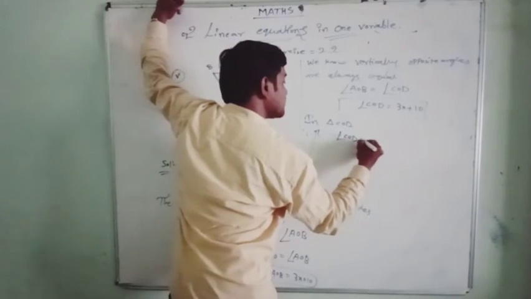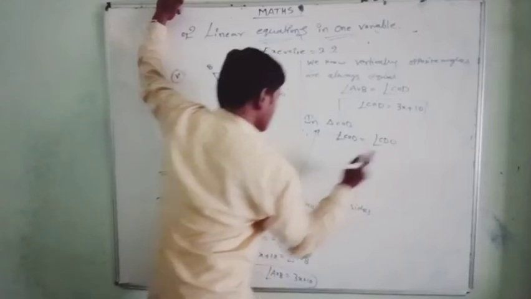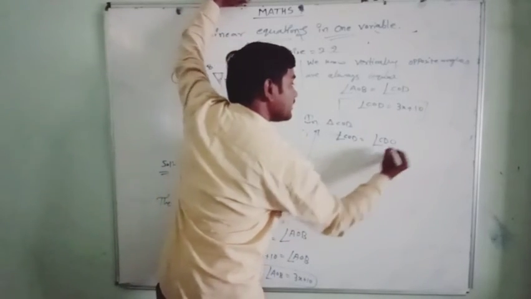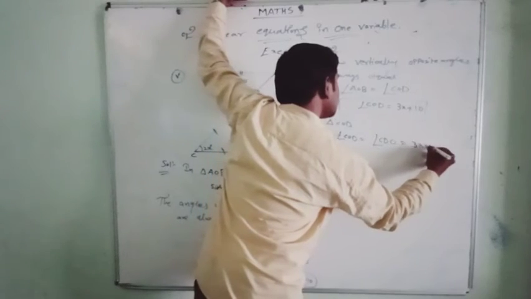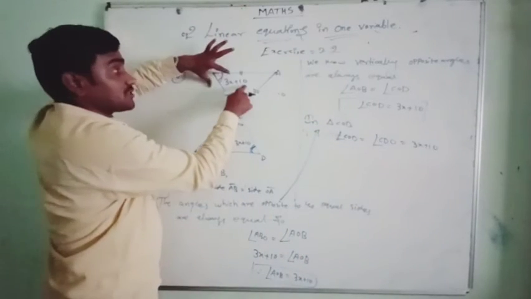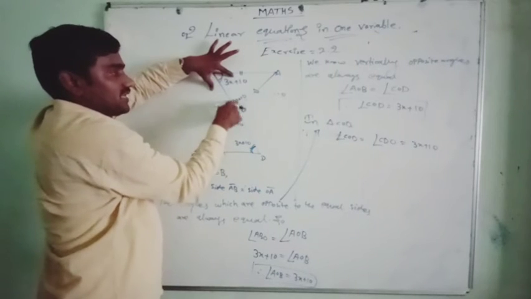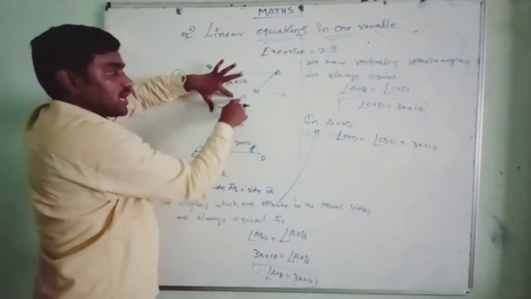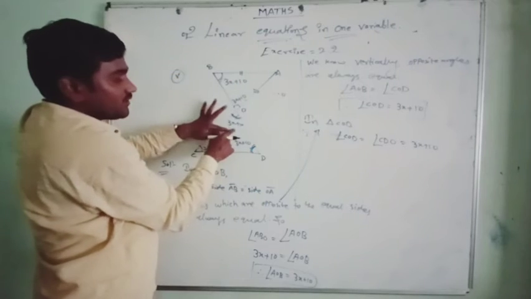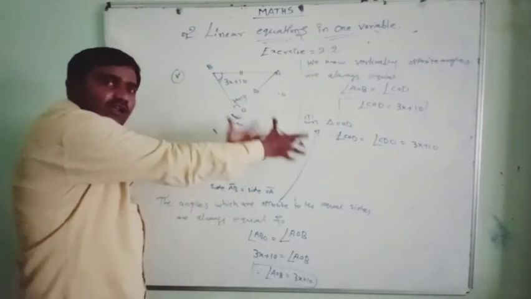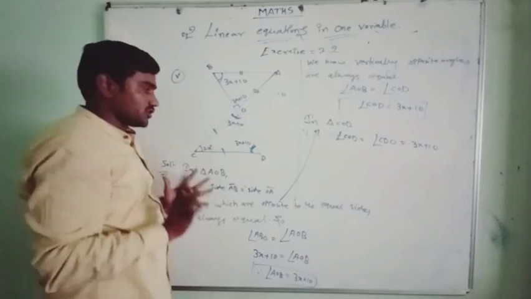This angle also will be equal, that is 3x plus 10. These two angles are equal because vertically opposite angles are equal. Now these two angles are also equal because these two sides are equal. Very simple. Nothing to be confused here.